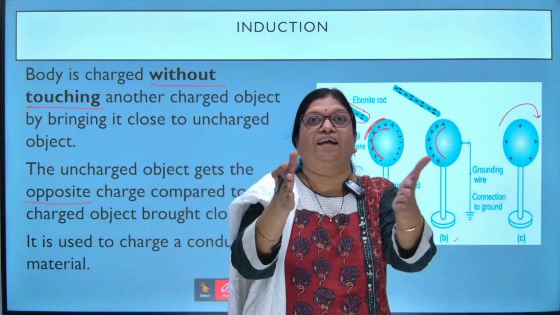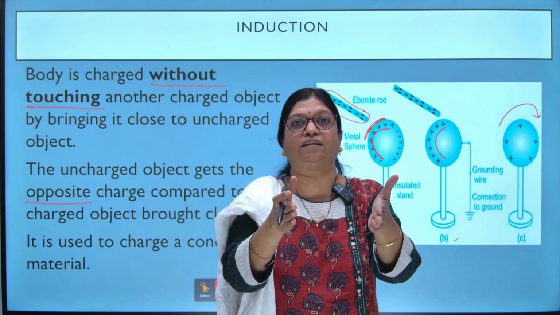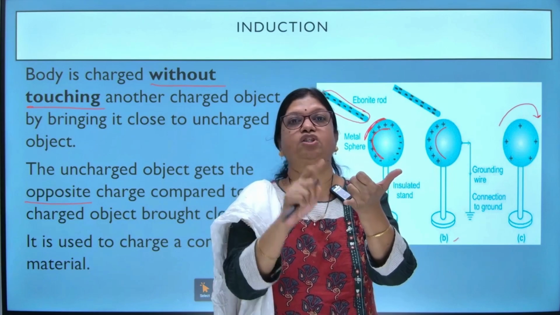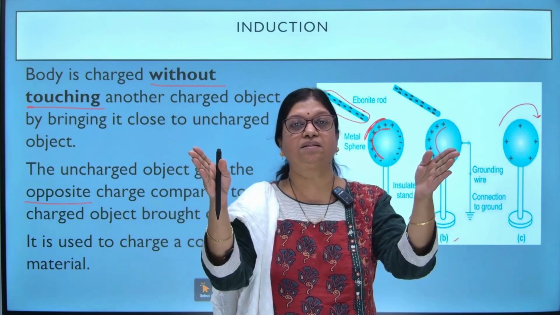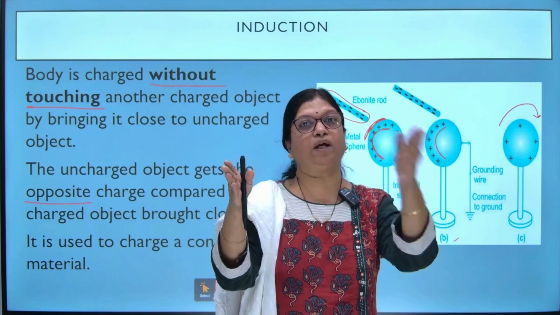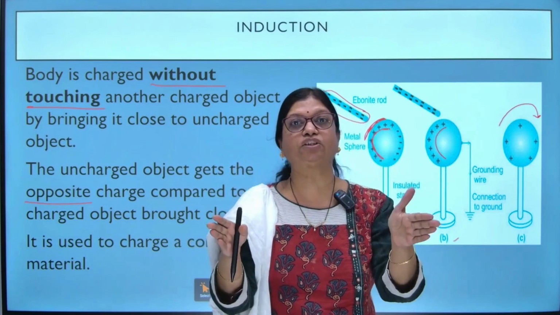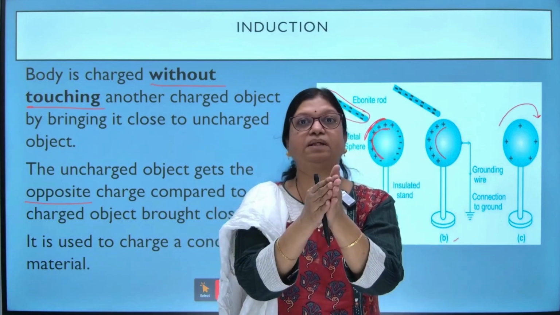So joining all three processes of charging together, we can say by friction, we can charge insulators, in which both the bodies get opposite charges, one plus, one minus. In the process of conduction, we have to touch the body.